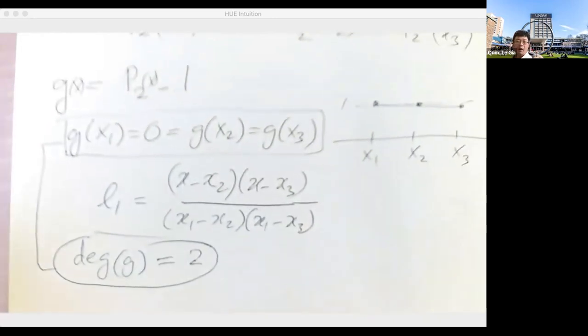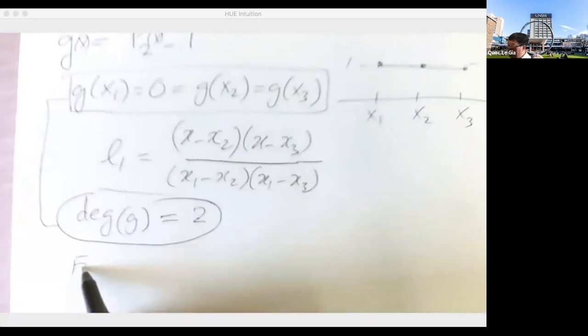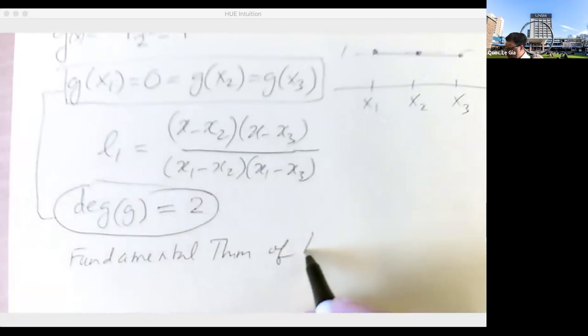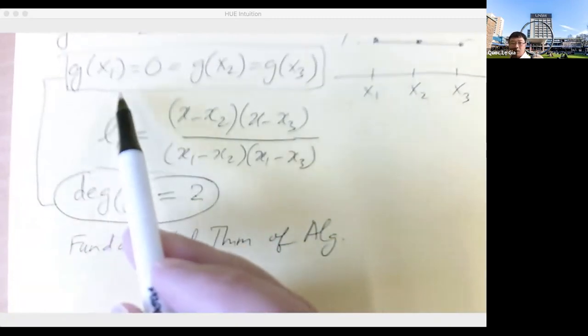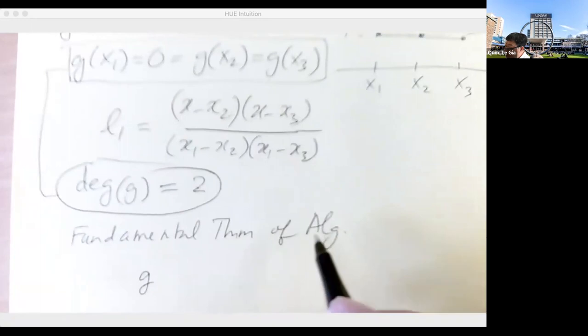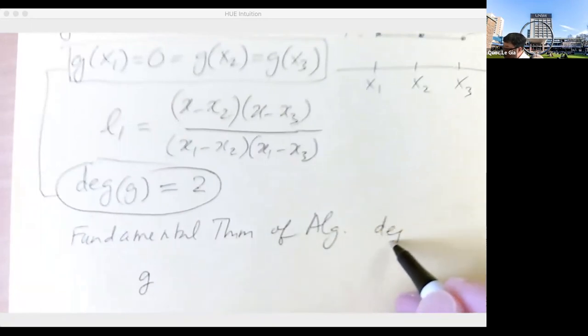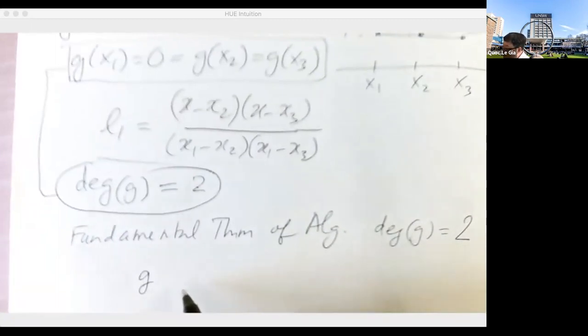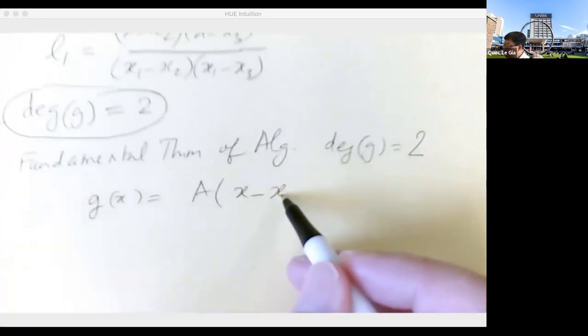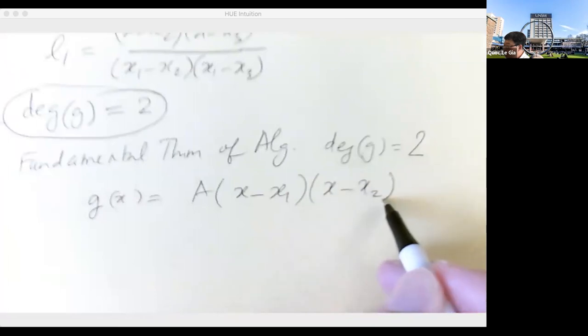Okay, if you remember the fundamental theorem of algebra, it says that because G has at least 2 zeros, and degree 2, so the degree of G equals 2, then G can be factored into a form like this: x minus the first root and x minus the second root.